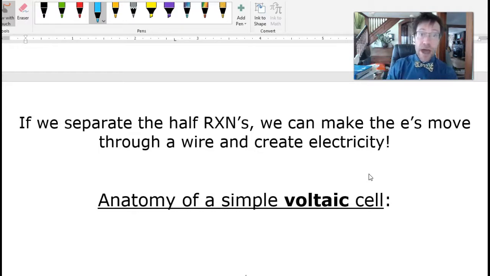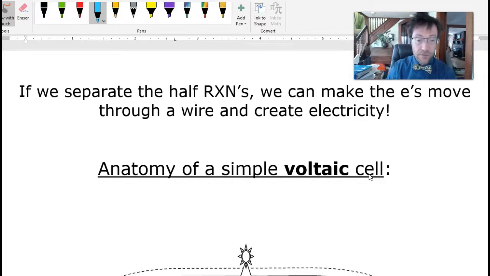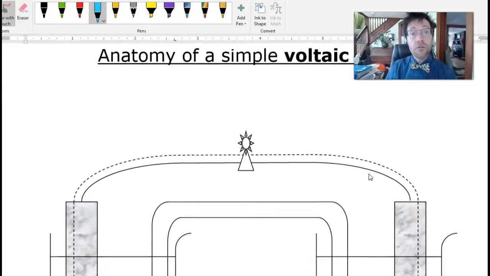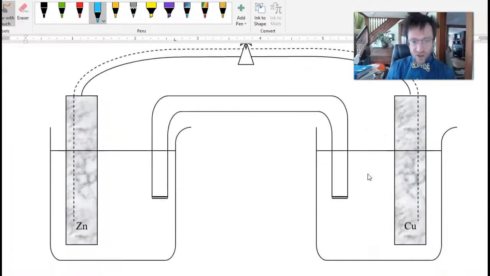But every battery has all of these things. Even your Tesla cars, those brand new batteries, have every bit and piece that we're going to learn, because you have to have them. So here is our voltaic cell. Isn't it beautiful?